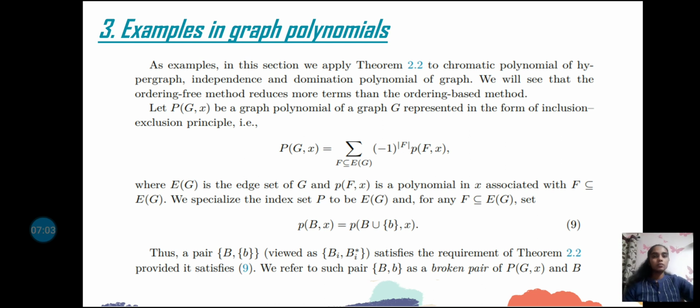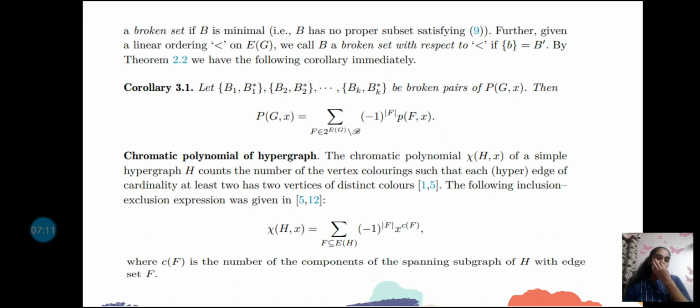Provided it satisfies this, we refer to such a pair as a broken pair of P_G(x), and B, a broken set of P, is minimal if B has no proper subset satisfying it. Further, given a linear ordering, we call B a broken set with respect to the ordering.